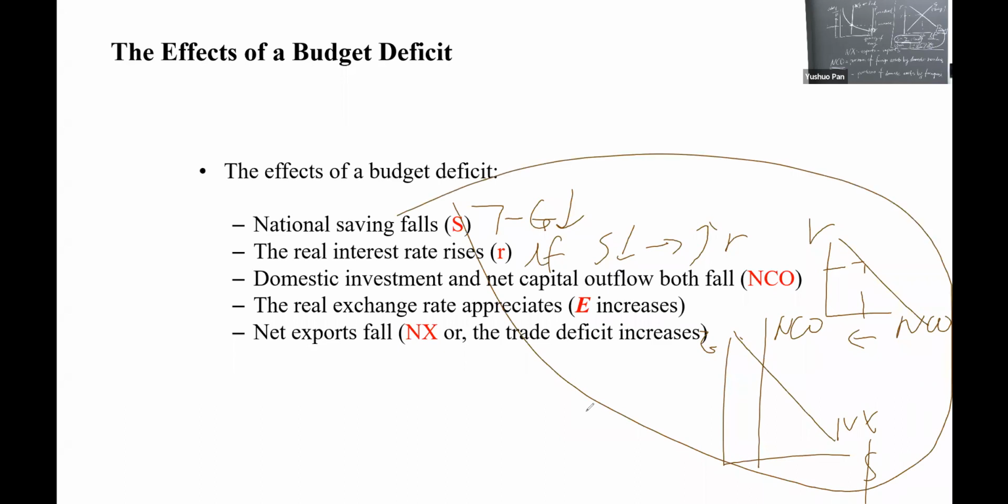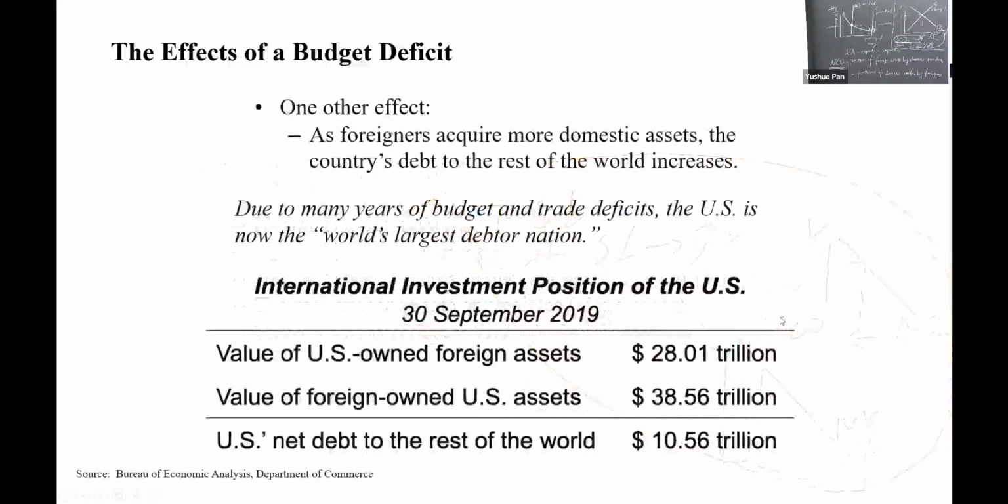of the budget deficit. Well, other effects of the budget deficit: as the foreigners acquire more domestic assets, the country's debt to the rest of the world increases. So due to many years of budget and trade deficit, the US is now the world's largest debtor nation. The international investment position of the US, that's the data on September 30th in 2019.